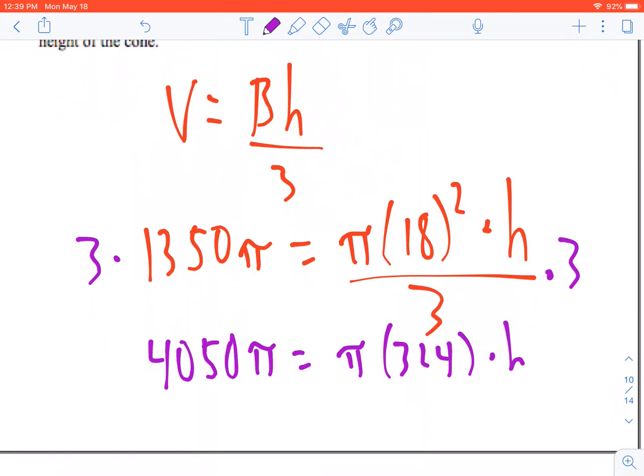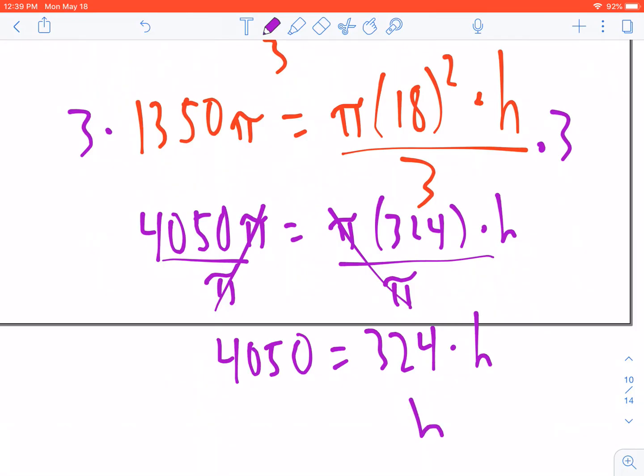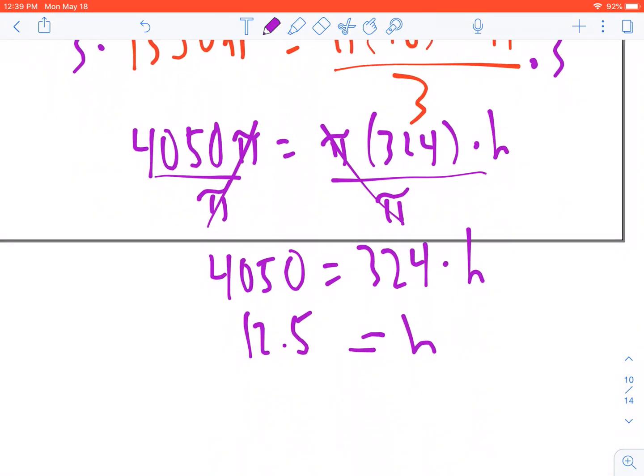So we can actually go ahead and divide both sides by pi. They're going to cancel each other out. They're gone. I got 4050 equals 324 times h. 4050 divided by 324, and we get a height of 12.5. Looking back at your units, we were dealing with meters, so since it's just your height, it is just meters.